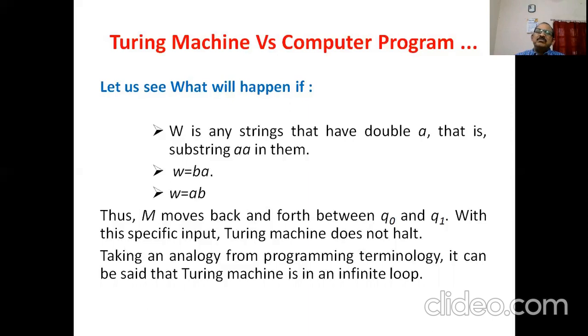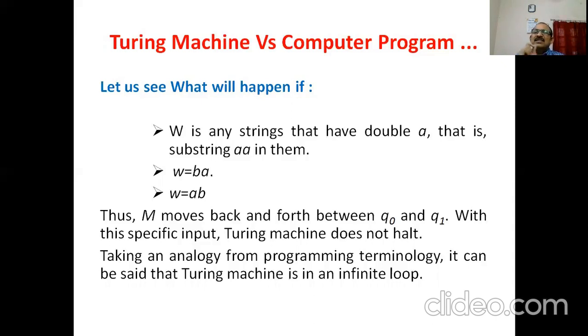What is accept M? It is the set of words that lead the machine to a final state. This set of words defines the language accepted by the Turing machine.